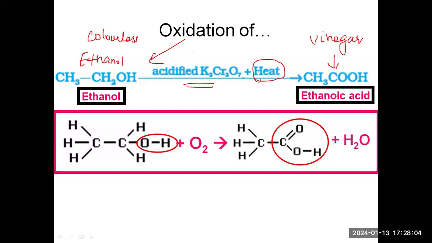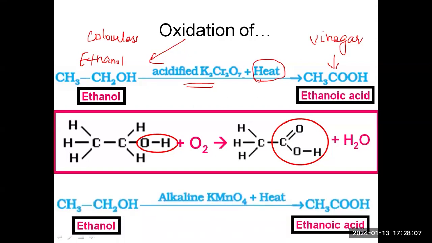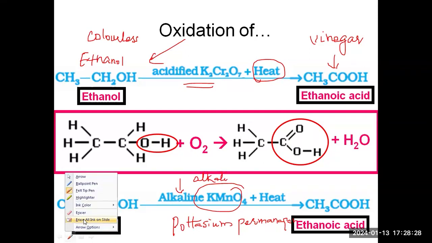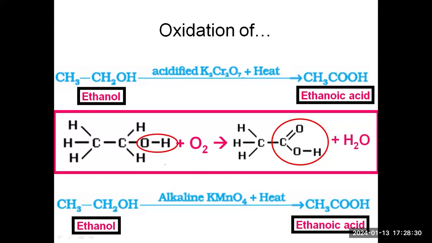There is one more oxidizing agent, this KMnO4. It is called potassium permanganate. Now it is alkaline in nature because a few drops of alkali are added into it. So the same thing here, when you use alkaline potassium permanganate, it converts into ethanoic acid.